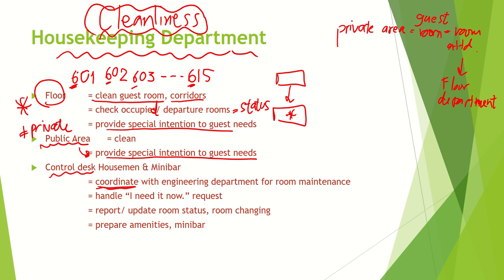The first thing is to coordinate and work with the engineering department for room maintenance. Since they need to check room status and room condition, they have to work with engineering.